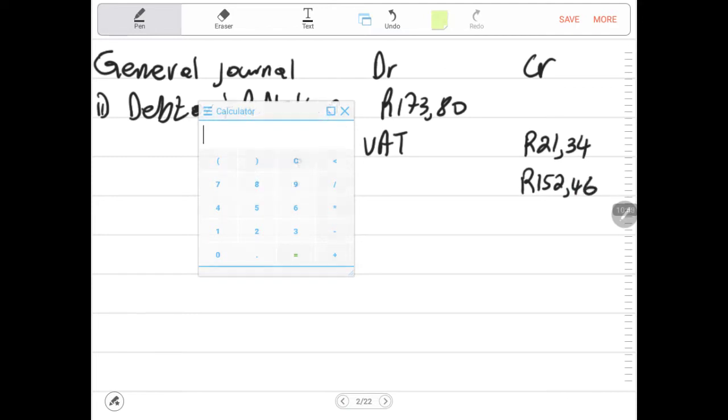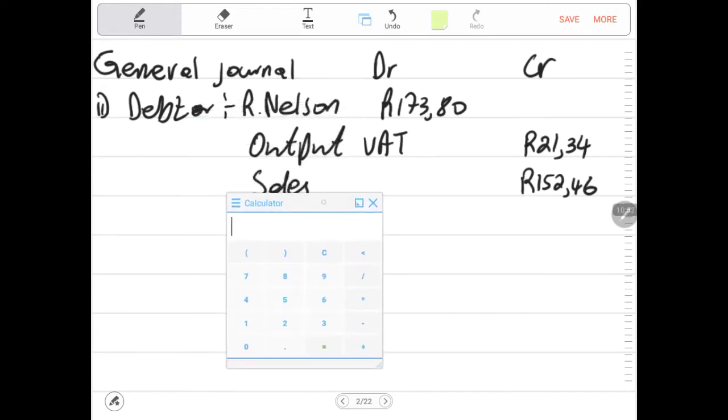So now this is the amount of sales. At the same time, you could have said 173.80, multiply this by 100, because we are looking for 100%, because sales in this case is 100% before VAT was added. Divide this by 114. This will give you exactly 152.46 as the amount of sales excluding VAT.